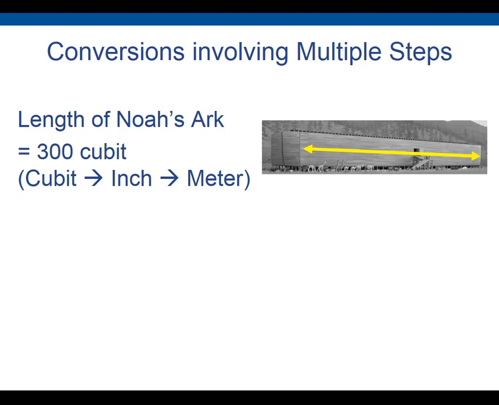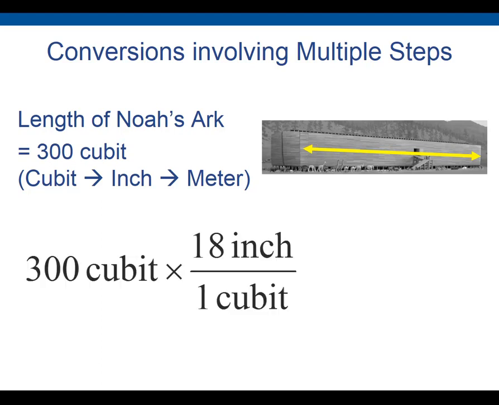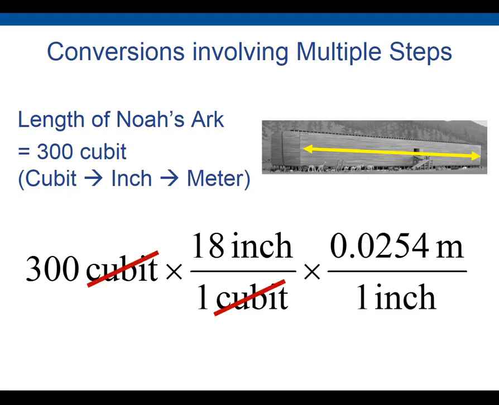First I will convert the cubit to inch, and then I will convert it to meter. Alright, so we have the length of Noah's Ark, let's say 300 cubits. We want to change this to inches, so 300 cubits times 18 inches per 1 cubit. It's a conversion ratio. So we delete this cubit unit, and also we want to convert it into meters.